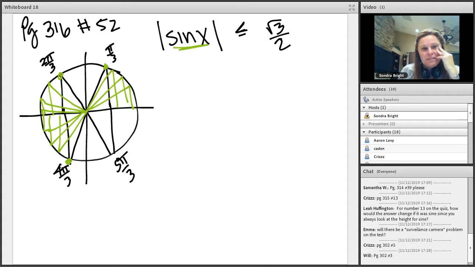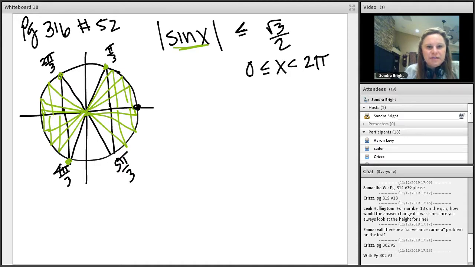And anyway, same thing. So all of those guys are also going to be shorter. So you're going around the circle because it said from 0 to 2 pi. So you're starting here at 0 and you're going around. And so until you hit pi over 3, they're all shorter. So from 0 to pi over 3.